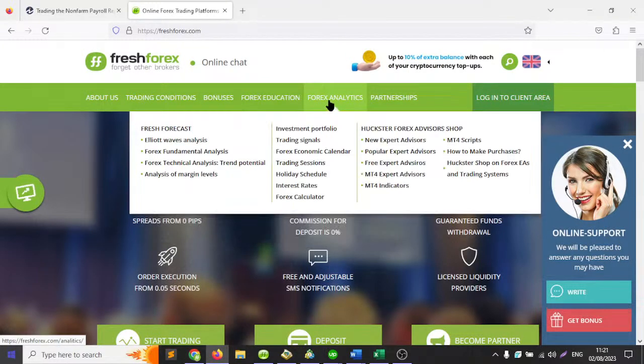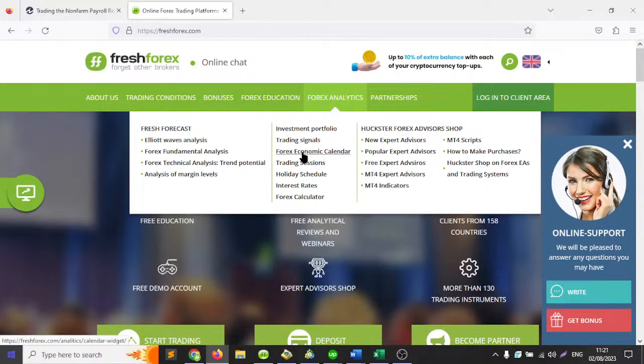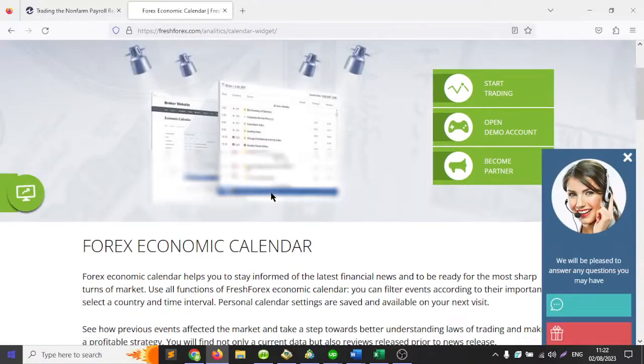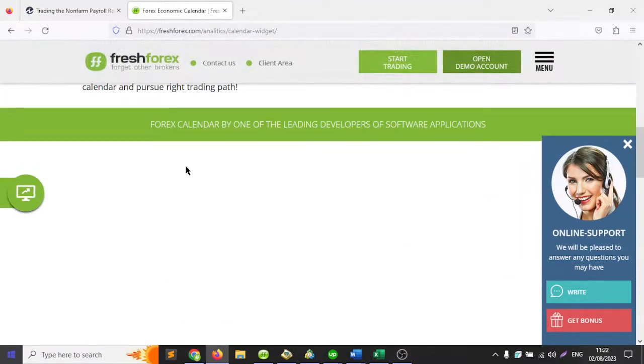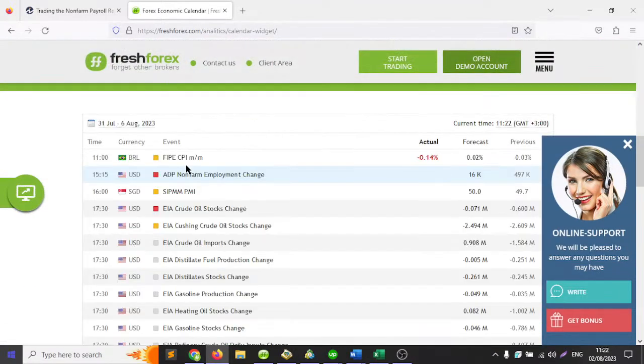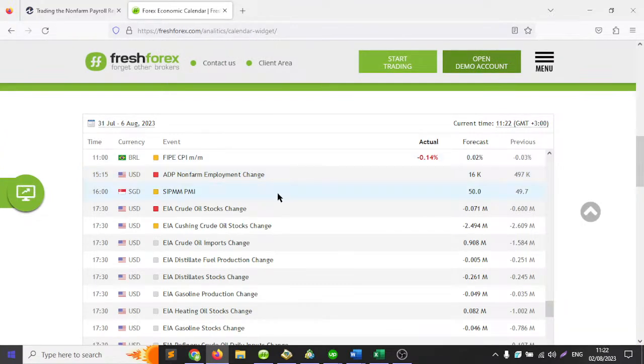So if you come here under Forex Analytics, there is Economic Calendar, click it. When you click it, you can see we have the list of all the news that you are expecting. What we have here as red is the most important news, the high impact news.